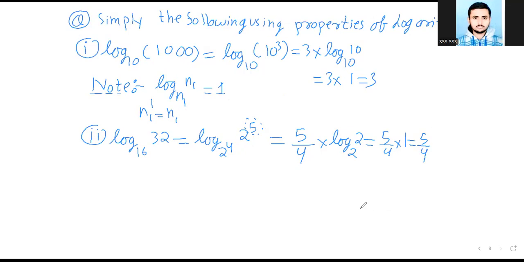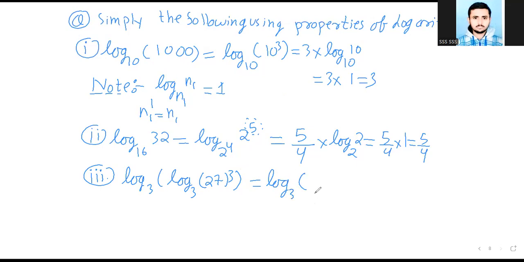Let's try another question. The question says you have to simplify log base 3 of (log base 3 of 27) whole cube. Now let's start. So this becomes log base 3 bracket open, log base 3 bracket open, 27 can be written as 3 raised to the power 3, bracket close and whole power 3, and you have another bracket closed.